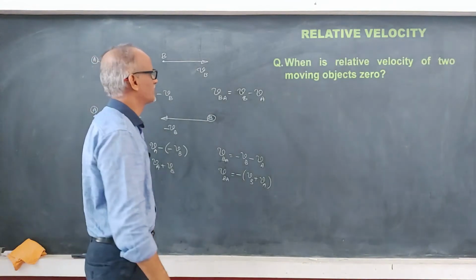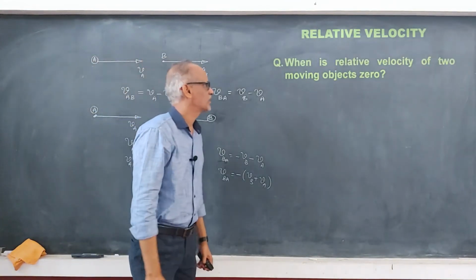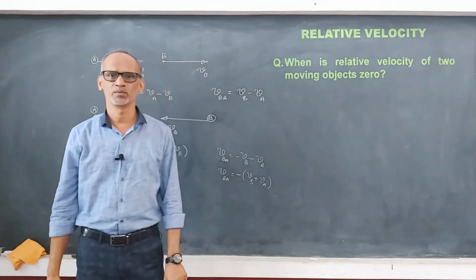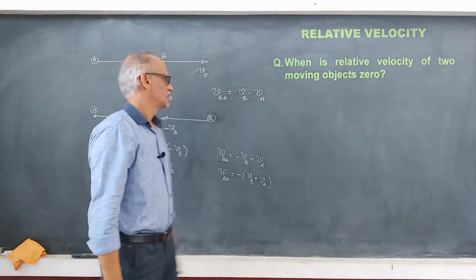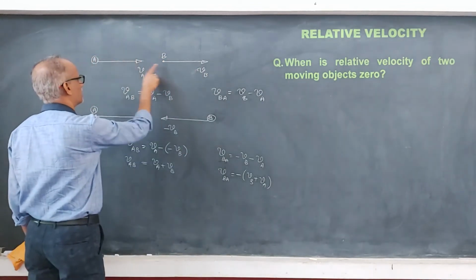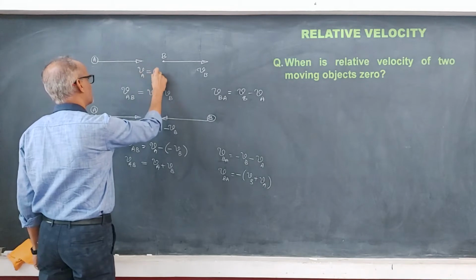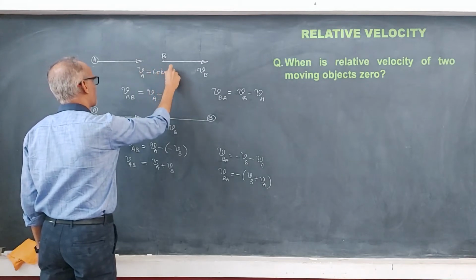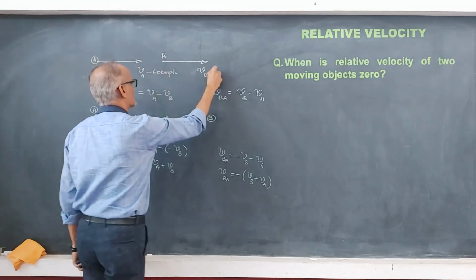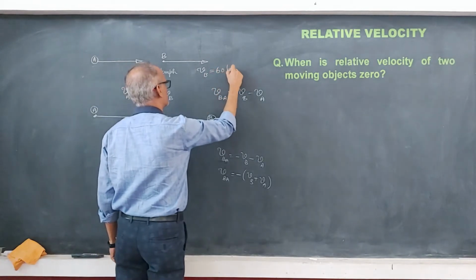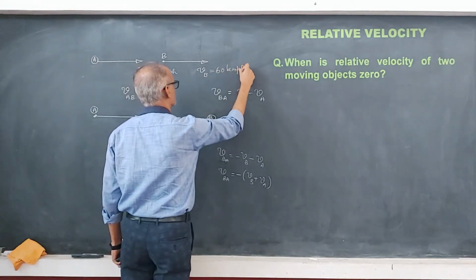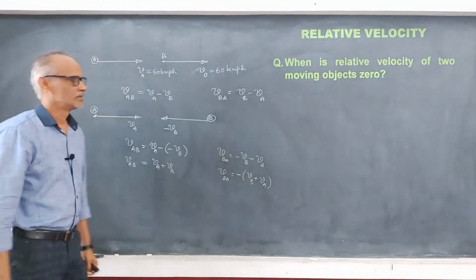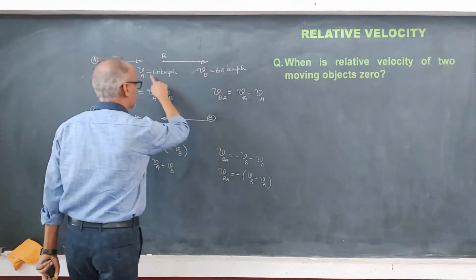So let's go through some questions. When is the relative velocity of two moving objects 0? Take this example: VA is equal to 60 kilometer per hour and VB is also 60 kilometer per hour. Now let's find the relative velocity.